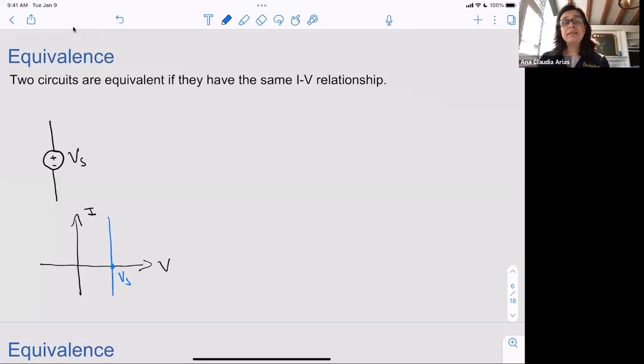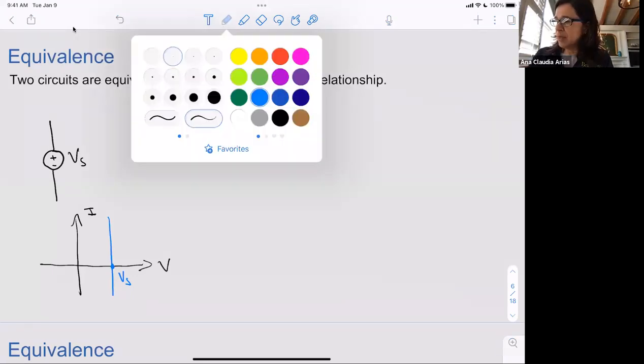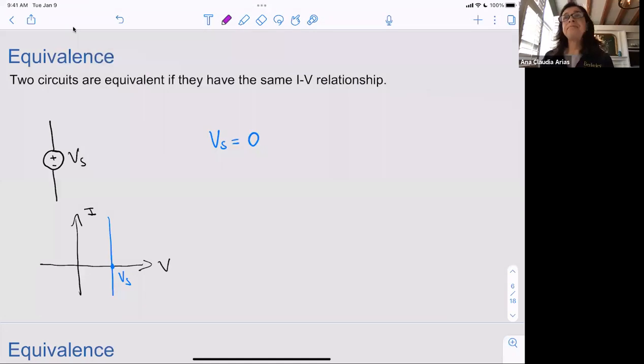Now, let's say I tell you that in this example Vs equals 0. Well, if Vs equals 0, what would my plot become? That's correct.